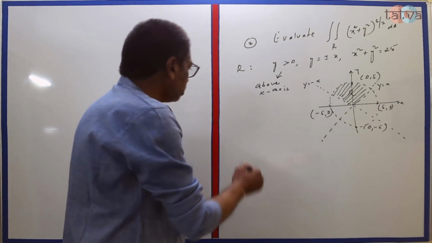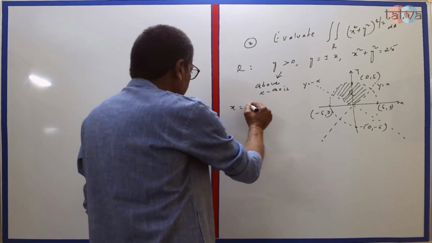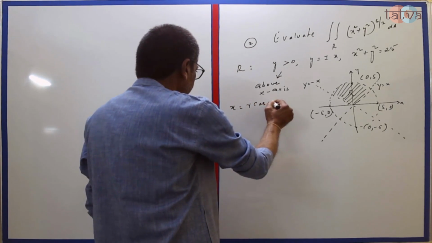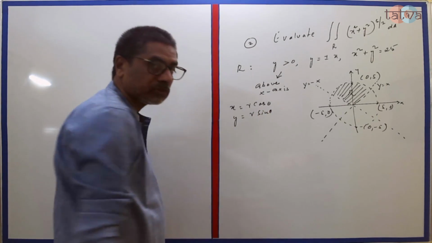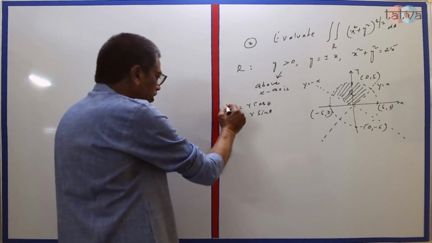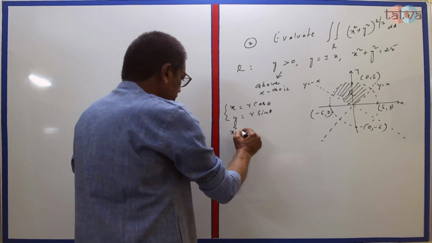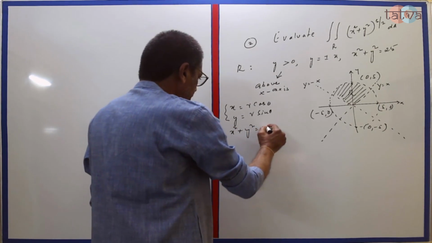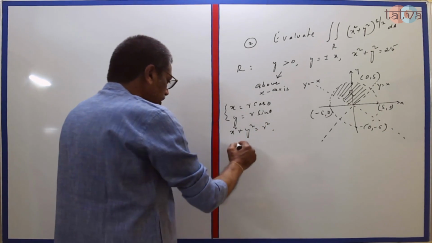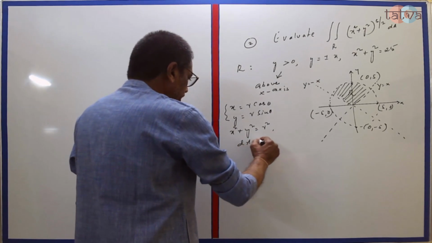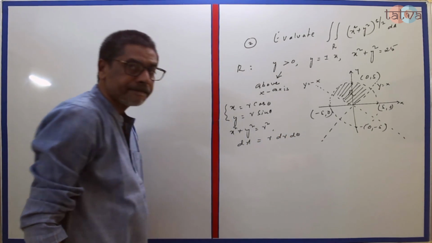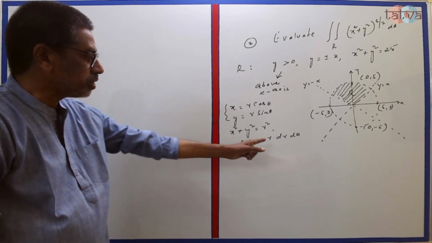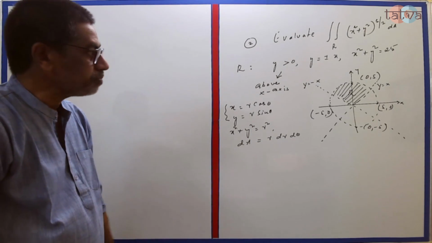So once again, using the transformation x is equal to r cos theta, y is equal to r sin theta, which automatically takes us to x square plus y square is equal to r square. Then of course dA is r times dr d theta. r is the Jacobian, I don't have to tell you each time.